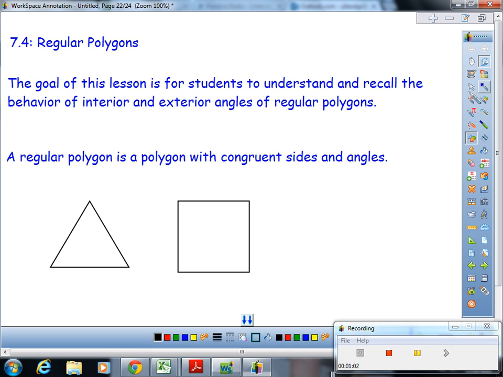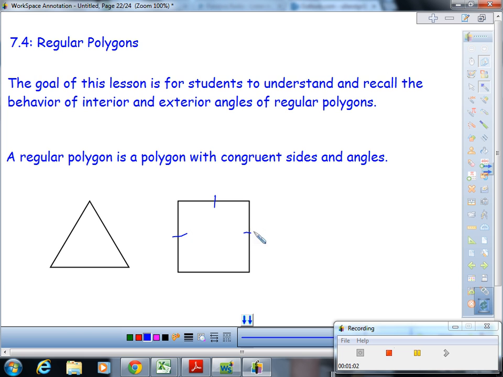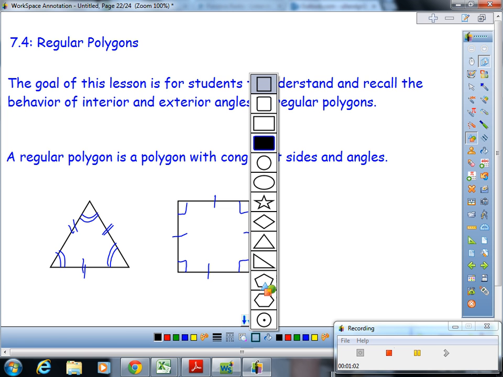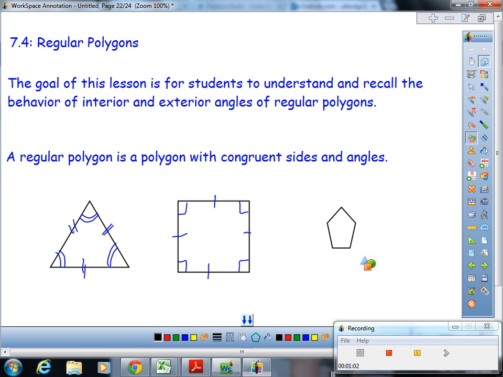So in order to be regular, we need all the sides and all the angles to be congruent. Let me pull up and see if I've got a pentagon shape, and I do. So we'll make that one the next one.